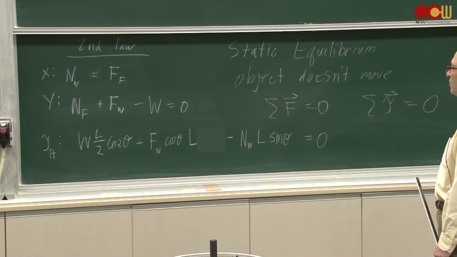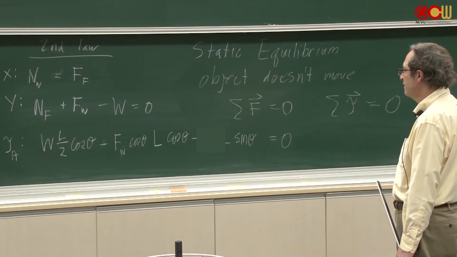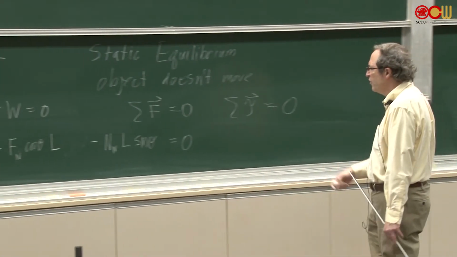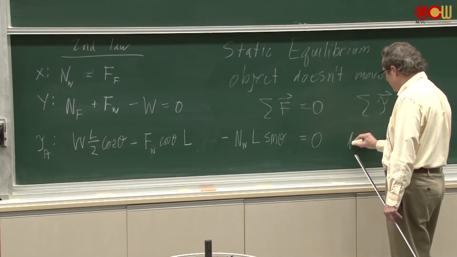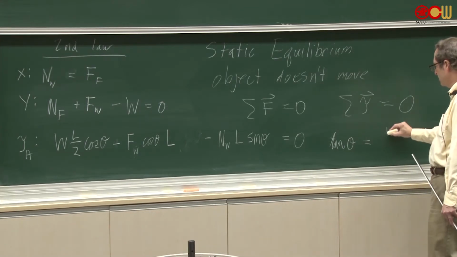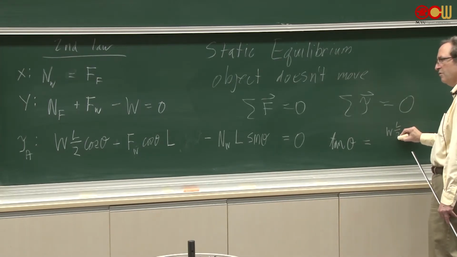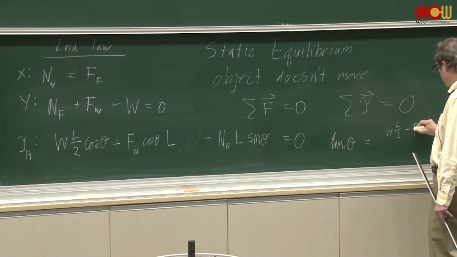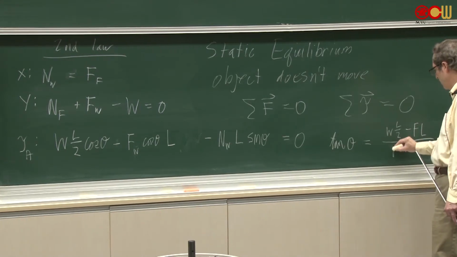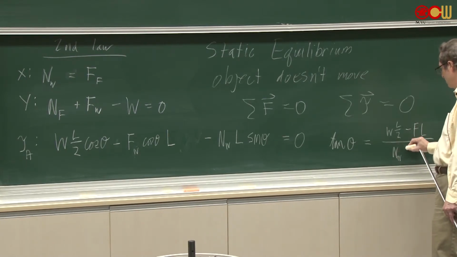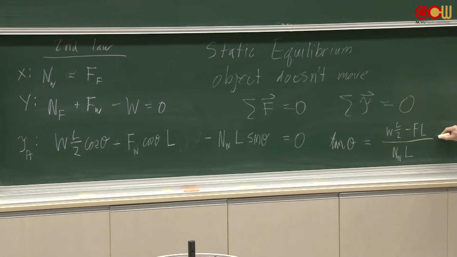So we've got all that. From this, we can get what the tan of theta is. It'll be W L over 2 minus F L divided by N wall times L. So interestingly enough, the L's cancel.